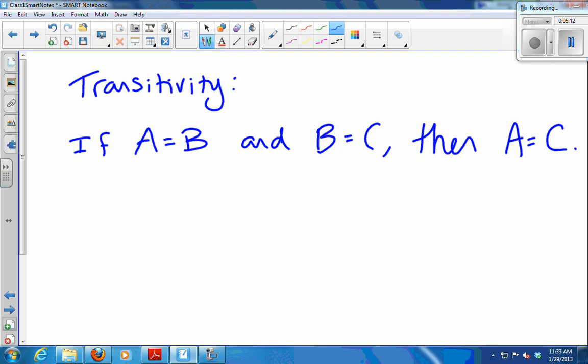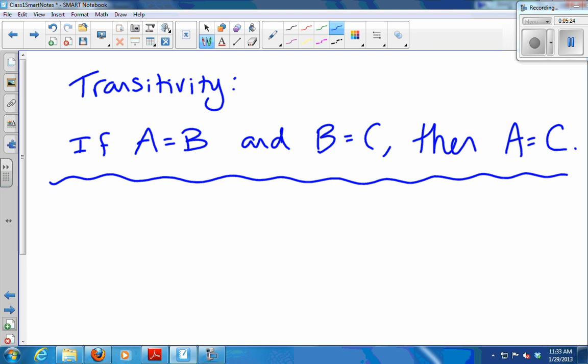What else is transitive? Anything? What's another example of transitivity besides equality?